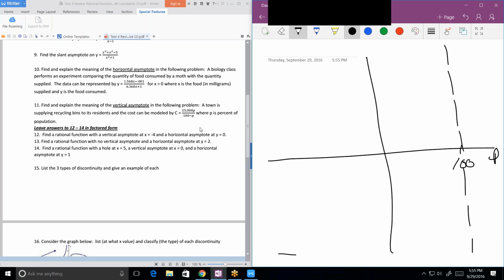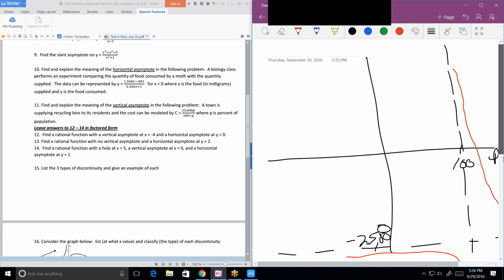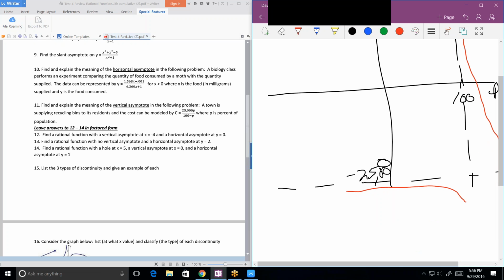So there's a horizontal asymptote down there at minus 25,000. What's the meaning of the vertical asymptote? And our graph, I'll graph it in red, it most likely is going to be hyperbolic. I didn't make this thing big enough. Here, let me draw it a little bit bigger. So it's going to approach both asymptotes.